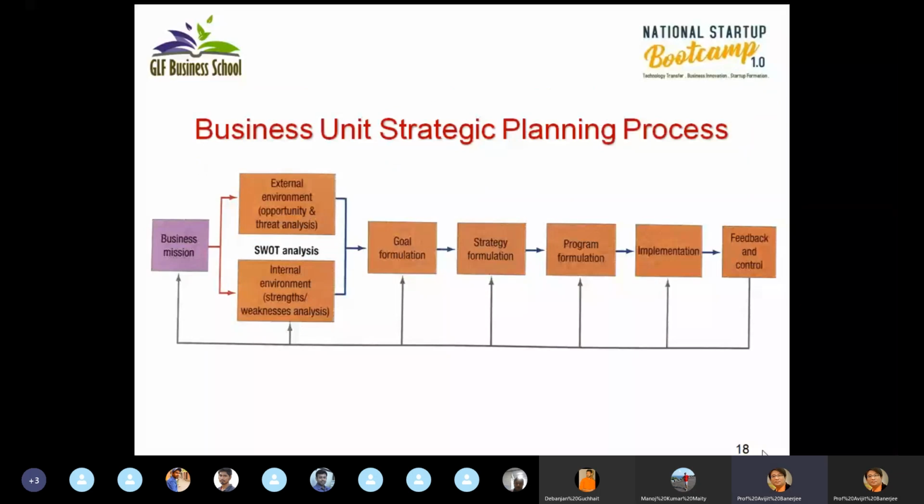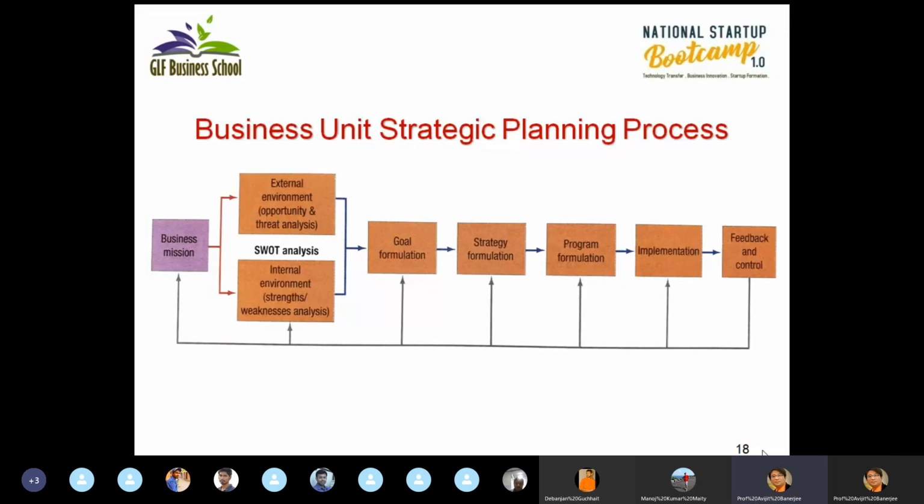Business unit strategic planning, which I am emphasizing. The business unit strategic planning process consists of these steps shown in this chart.